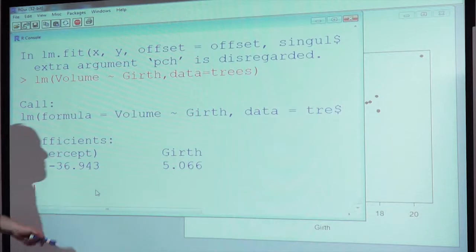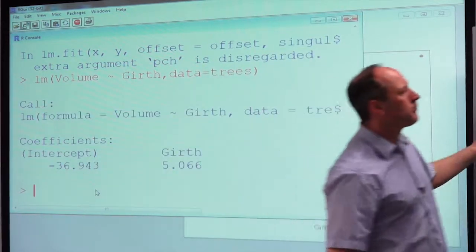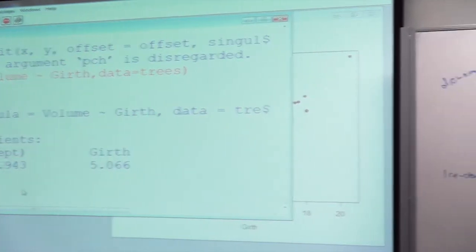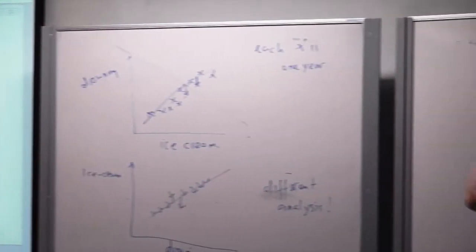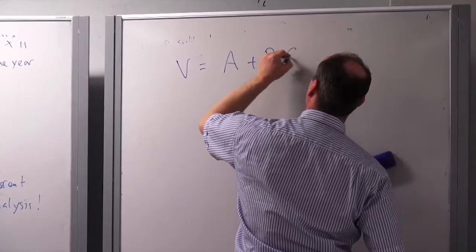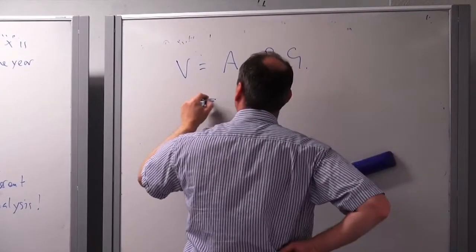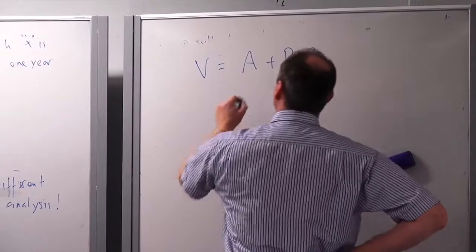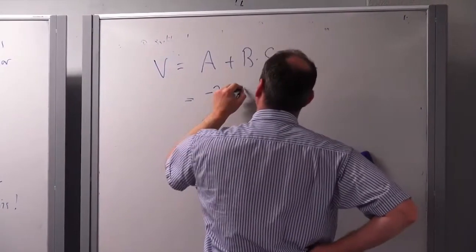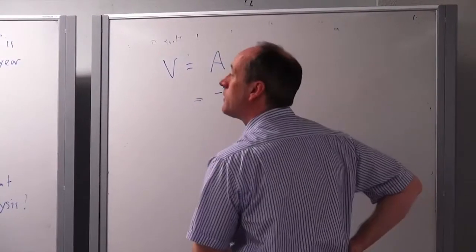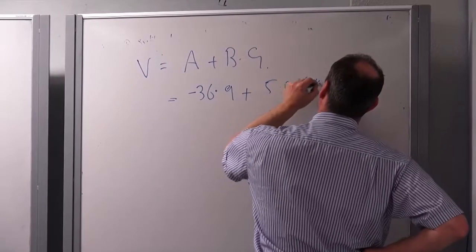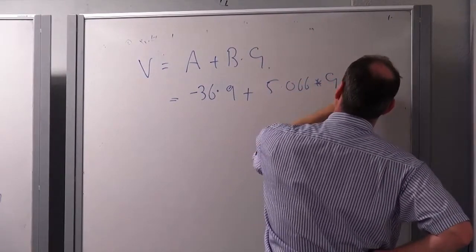Let's just think about what this means. I've got the volume equals A plus B times the girth, minus 36.9 plus 5.066 times the girth plus error.